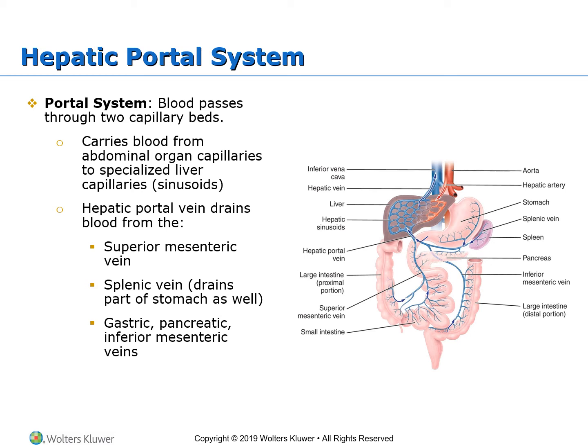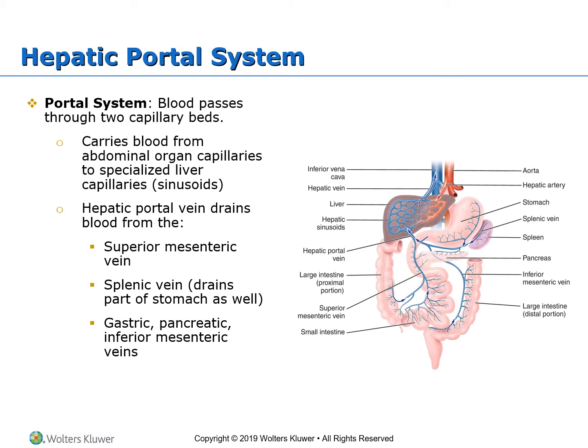And this type of vessels will carry all the absorbed nutrients from the stomach and the small bowel. So instead of returning that directly to the cava, they will be filtered, they will be evaluated in a structure of capillaries inside the liver.